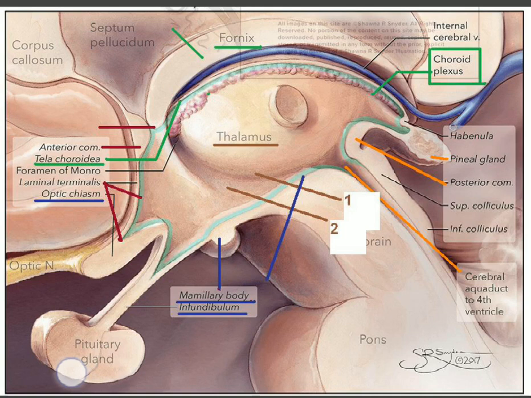The floor of the third ventricle is formed by various structures like the optic chiasma and the tuber cinereum. So tuber cinereum is basically a medial prominence which is formed due to the bulging of the floor of the third ventricle.